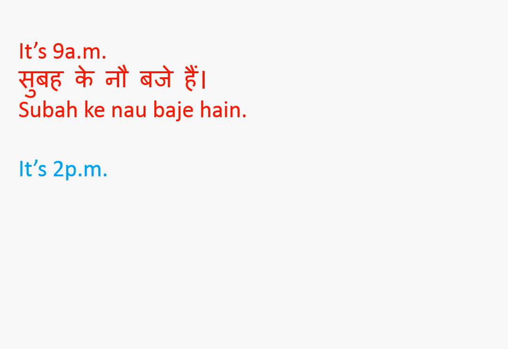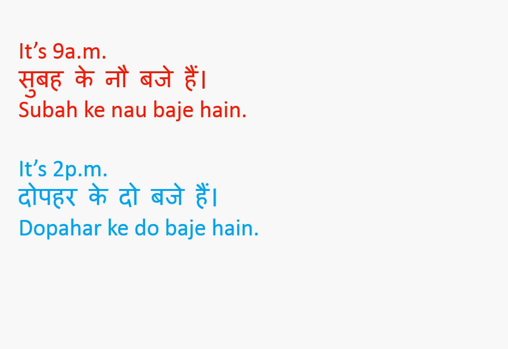Now, if it's afternoon, what time is it? It's 2 p.m. PM is afternoon, correct? So, what is afternoon in Hindi? दोपहर. दोपहर के 2 बजे हैं. दोपहर is afternoon. 2 is 2. Remember?